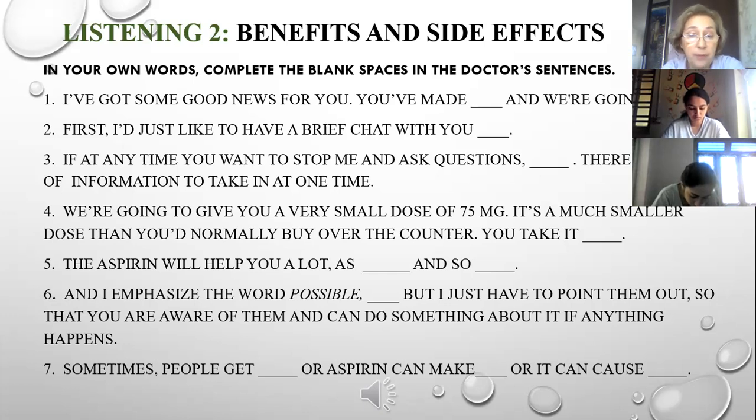Okay, anyway, this is the information about side effects and complications of aspirin. Well, good. Or it can cause some side effects or complication. I see. Okay.